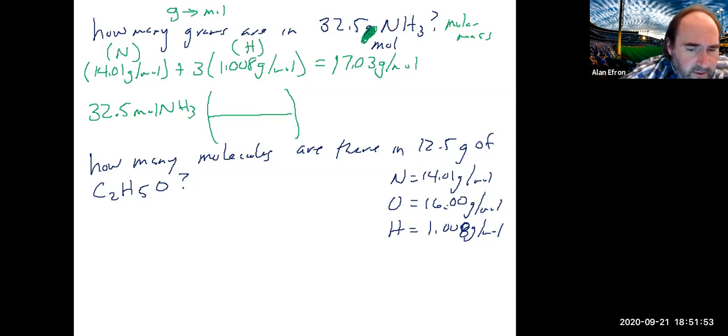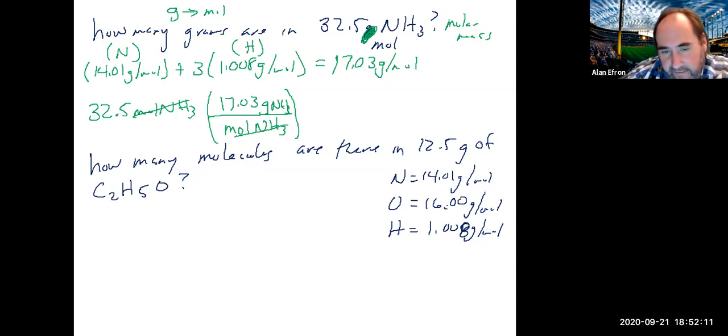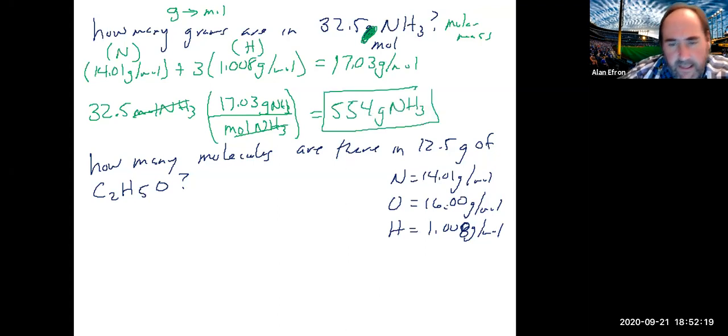So moles has to go on the bottom, and it's 17.03 grams of NH3 on top. The moles will cancel, and we will end up with about 554 grams of NH3. Any questions on that calculation?